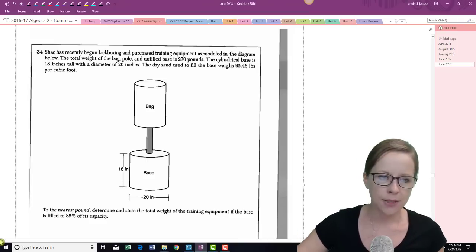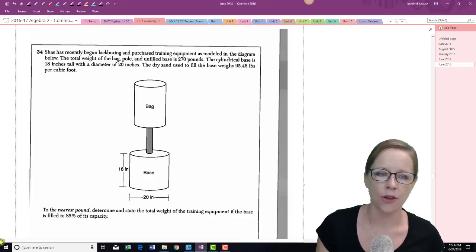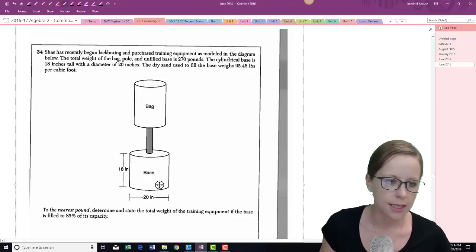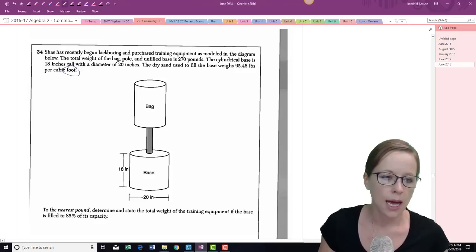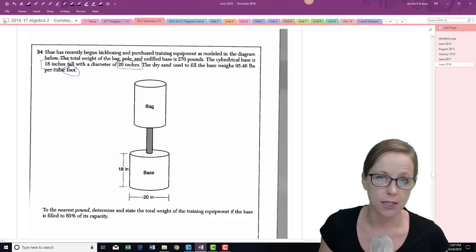So I would suggest before you go any further, because this is in feet, down here, let's see what they say. To the nearest pound, determine and state the total weight of the base filled to 85% capacity. So I am going to convert 18 inches and 20 inches to feet.